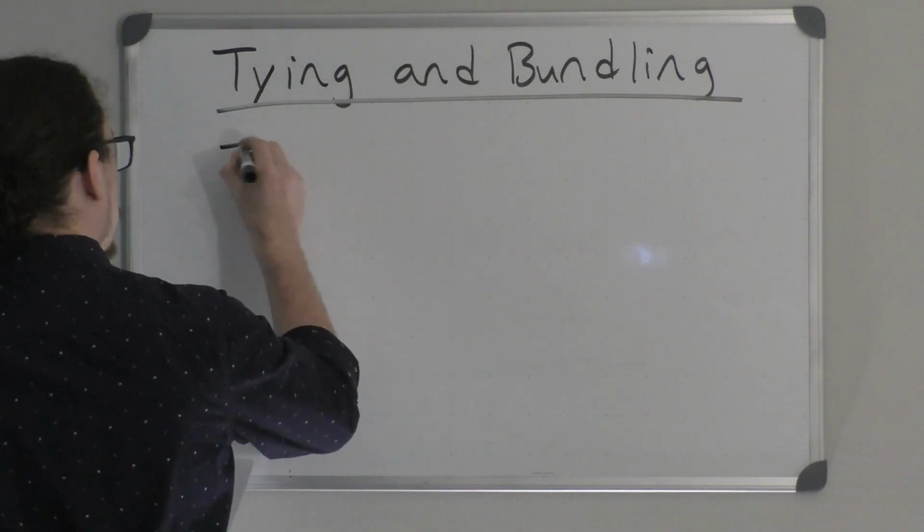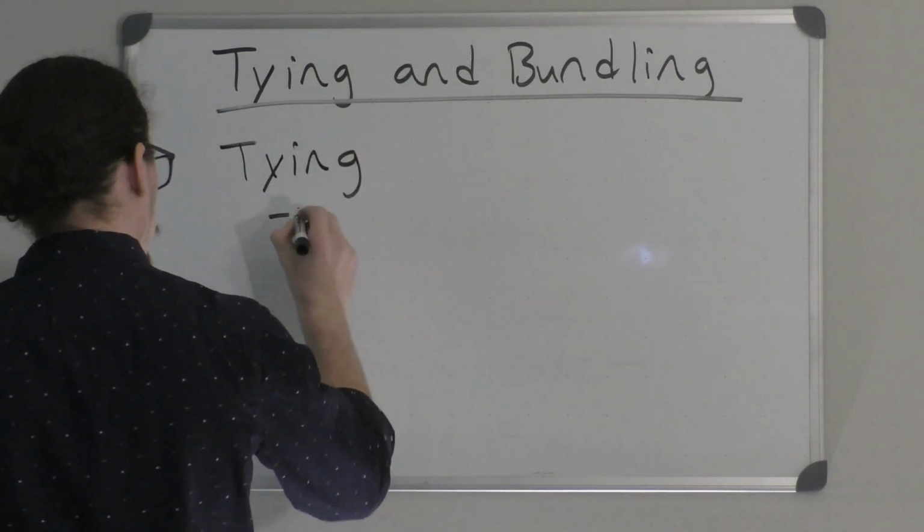All right, so these are some other methods for price discrimination. Tying.